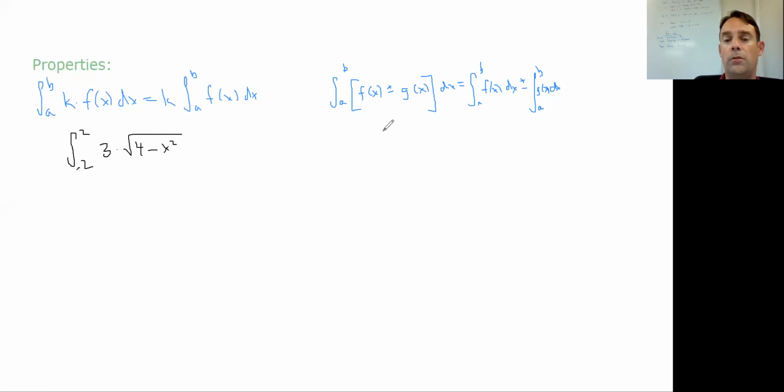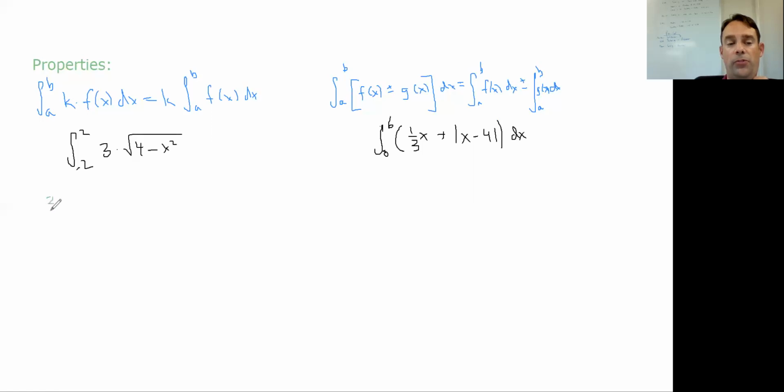I'm thinking from 0 to 6, 1/3 x plus the absolute value of x minus 4. All right, friends, go ahead and pause the video and see what you guys can do with this and see what you end up with.